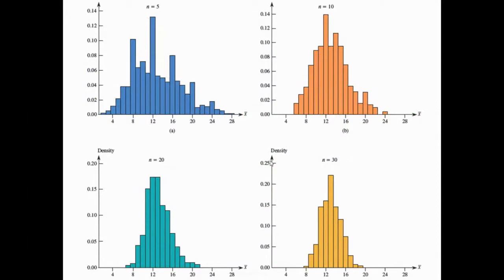Okay, so we did our graphs in Minitab. So what do we notice about the means? What are they all around? Or what should they all be around? They should all be around 13.